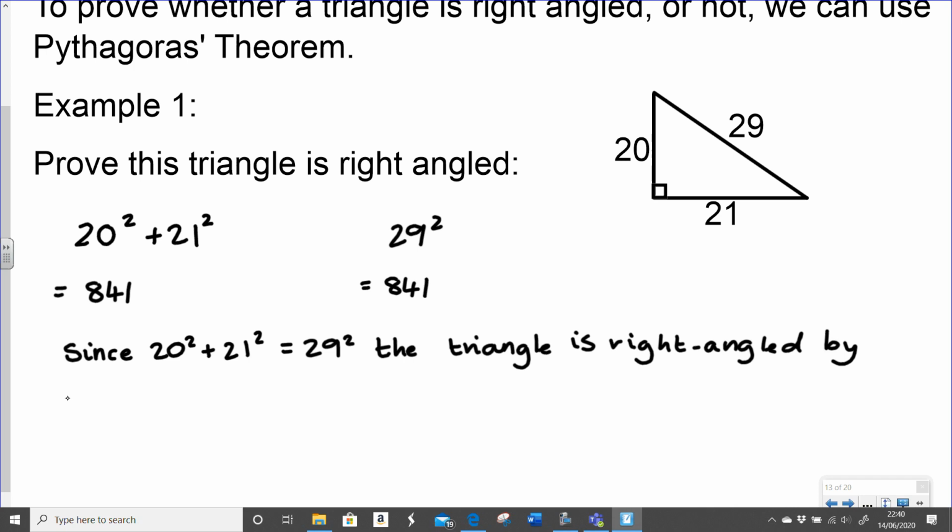So we want to say it is right-angled by the converse rule, the converse of Pythagoras.